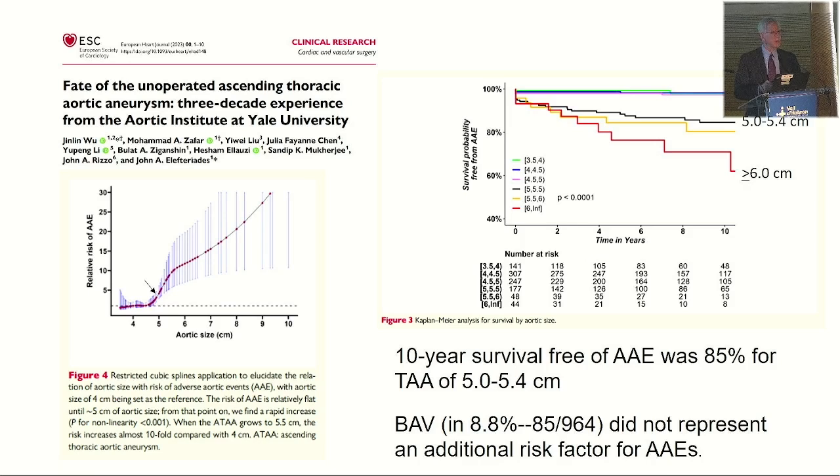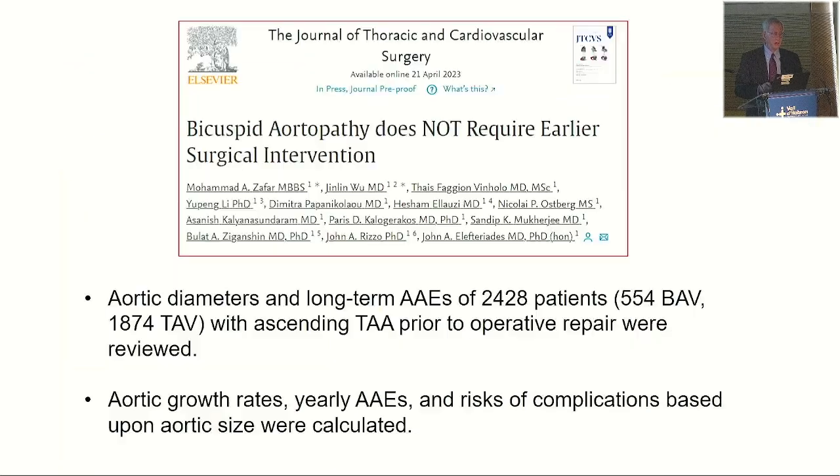So if you look at 10-year survival free of an adverse aortic event, it was 85% when your aorta was between 5 and 5.4. So I think that's useful information when you think about timing of surgery, especially in younger people that have long lifespans that have to accept the risk of the surgery and, of course, the risk of an outcome when you think about long-term. And in this group, the bicuspid valve did not overrepresent risk. It was similar to tricuspid valve patients.